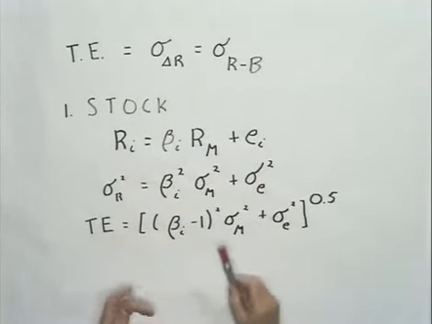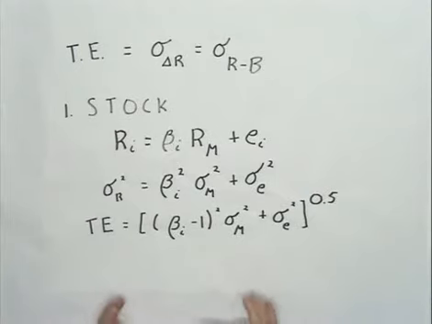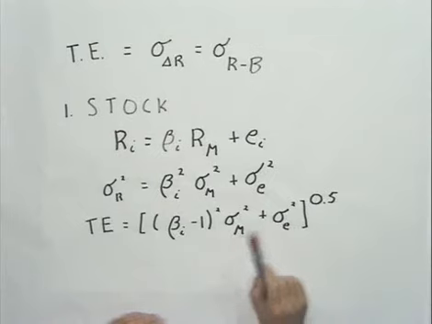So what does this mean in terms of tracking error? Remember, tracking error is in terms of the return of the portfolio in relationship to the return of the benchmark. And in this case, I've assumed that the benchmark is the market return.